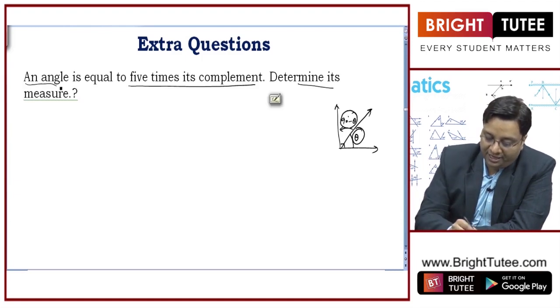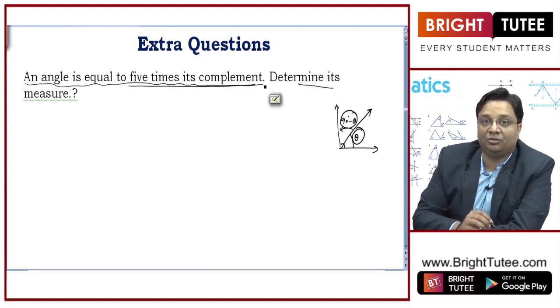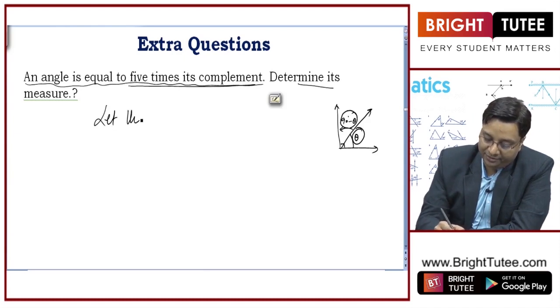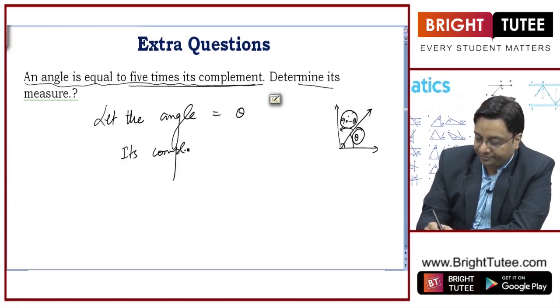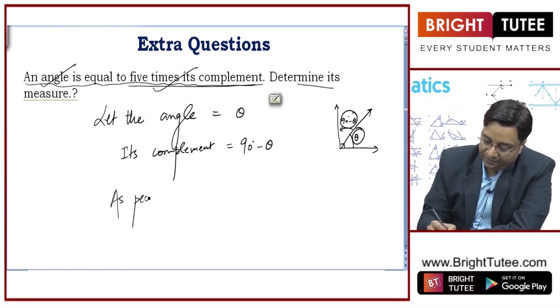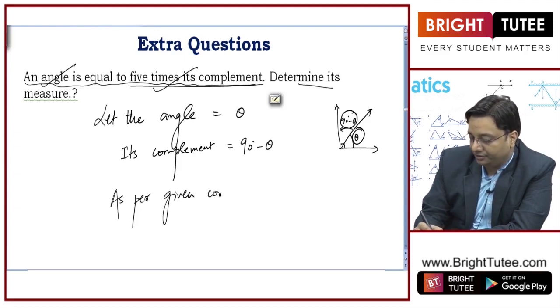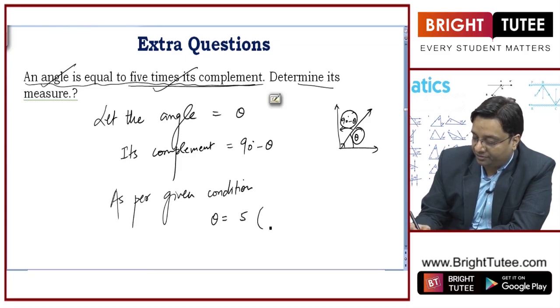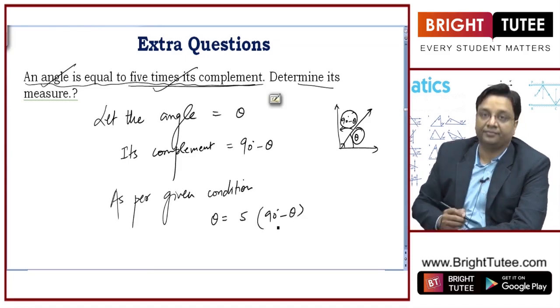Okay, so an angle is equal to 5 times its complement. Let the angle be theta. So its complement will be 90 minus theta, and as per the given condition, theta is equal to 5 times (90 minus theta), right?